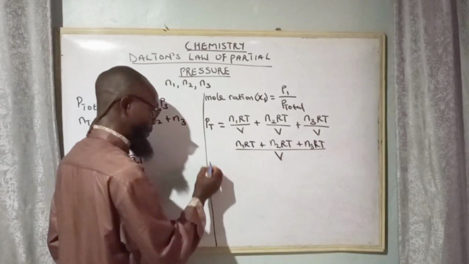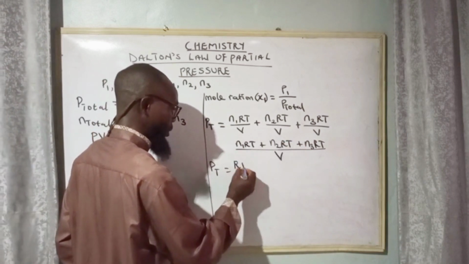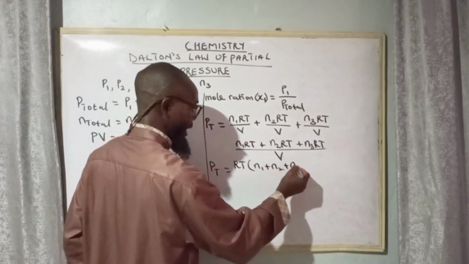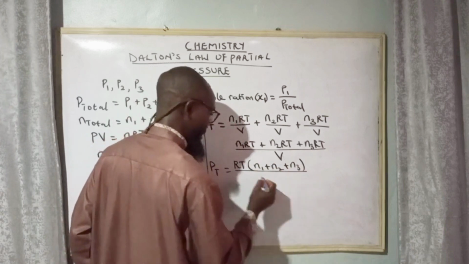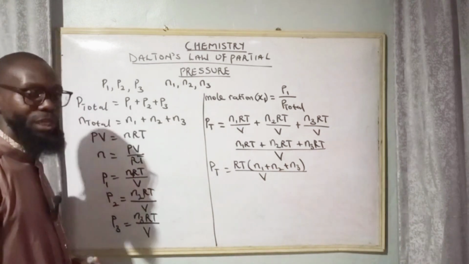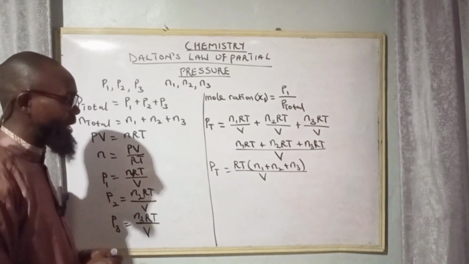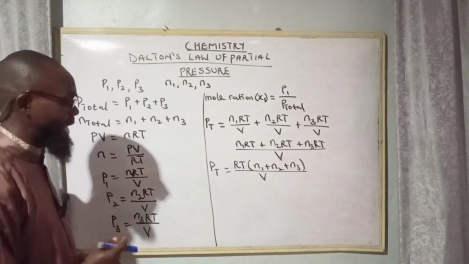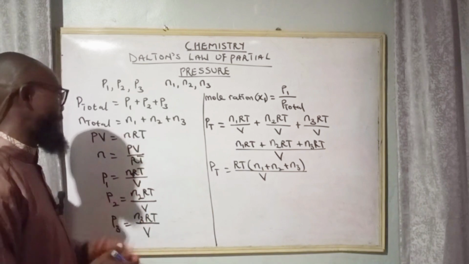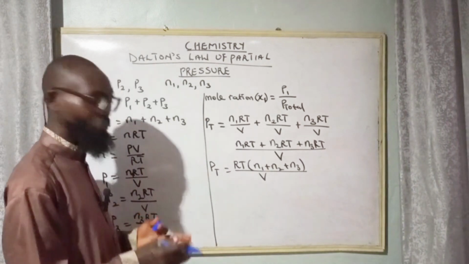Now from here, our P total will equal what is common in everything. We have RT common, open brackets, N1 plus N2 plus N3, close the brackets, divided by V. That's our P total, equal to RT in brackets N1 plus N2 plus N3 over V. Now, you can substitute these values into our mole ratio, or more importantly, we call it mole fraction.